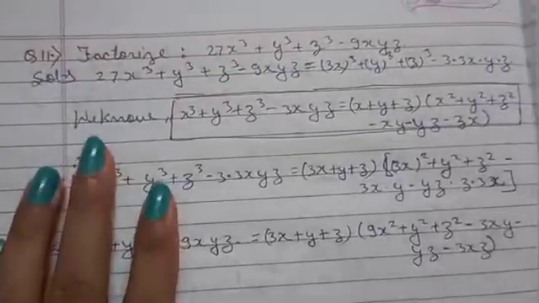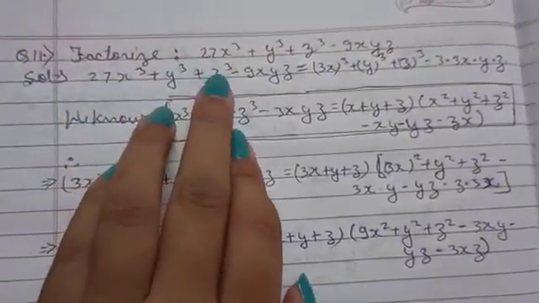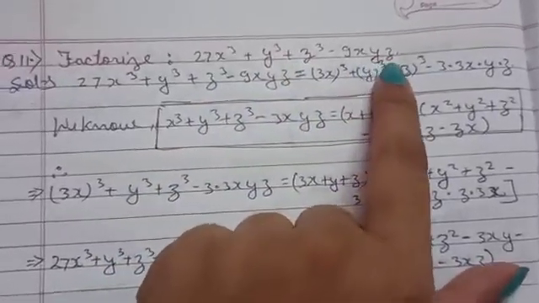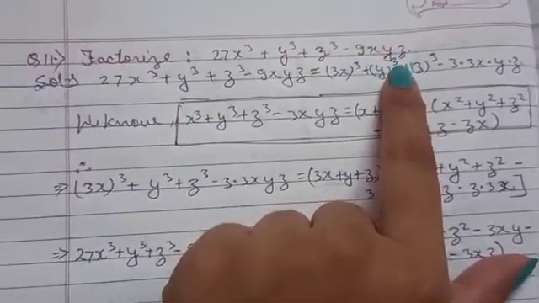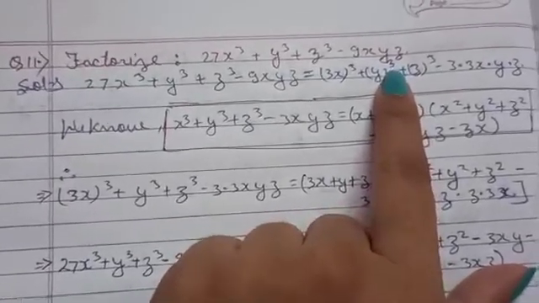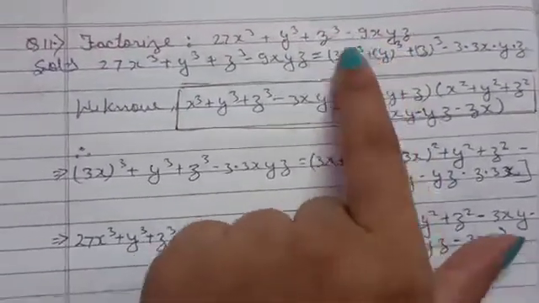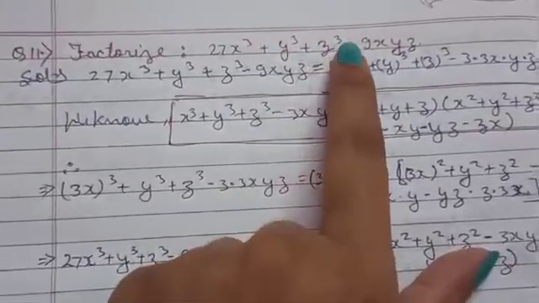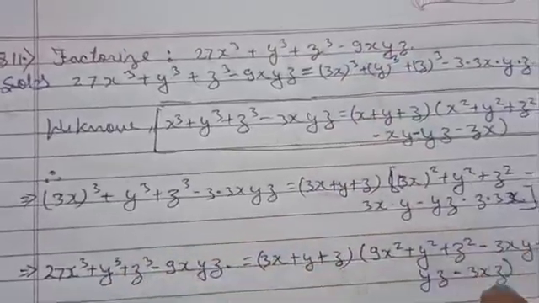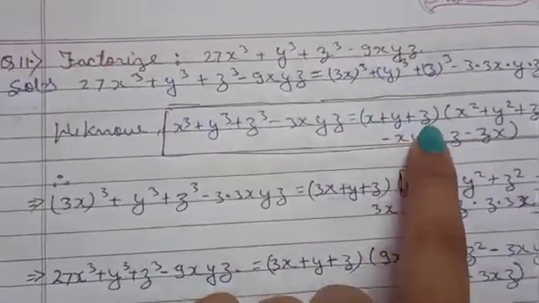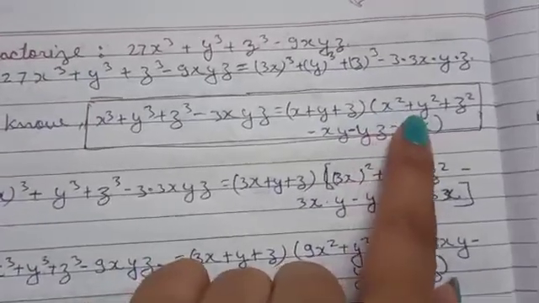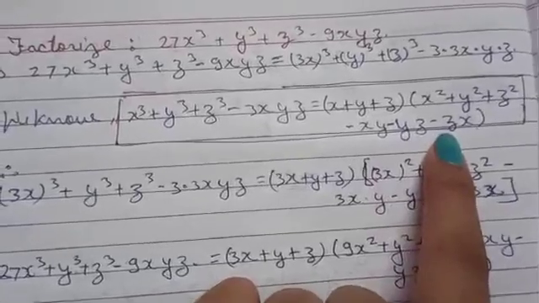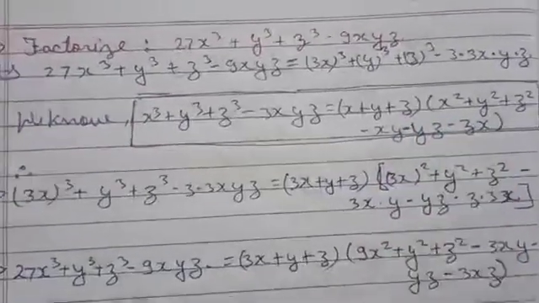Next question is factorize 27x cube plus y cube plus z cube minus 9xyz. We have studied 8 identities overall before starting this exercise, and the 8th identity is x cube plus y cube plus z cube minus 3xyz is equals to x plus y plus z in bracket x square plus y square plus z square minus xy minus yz minus zx.